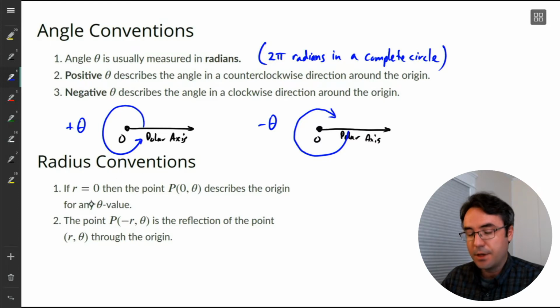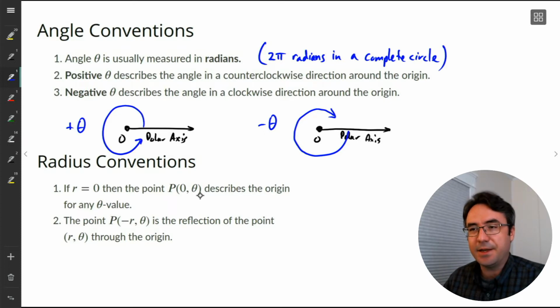Now for r, think of it like the radius. If the r value is 0, then our point, no matter what theta is, is just going to be the origin. So again, think of r as the distance our point is away from the origin. If the distance is 0, it means we're right at the origin.